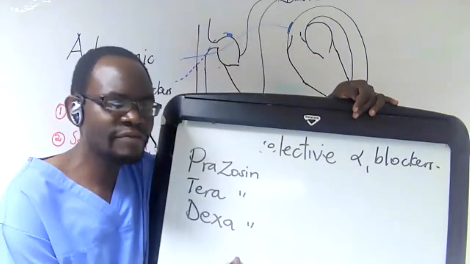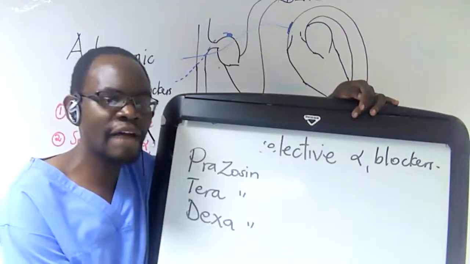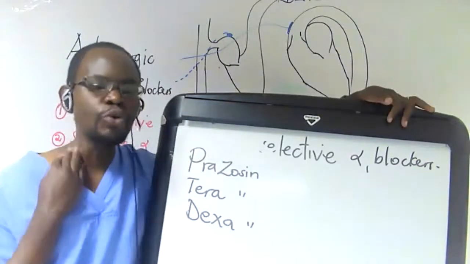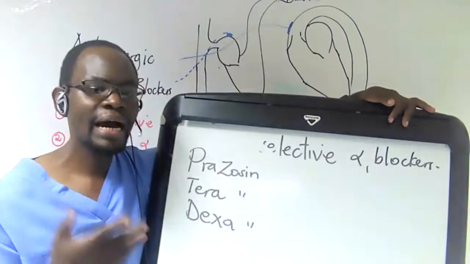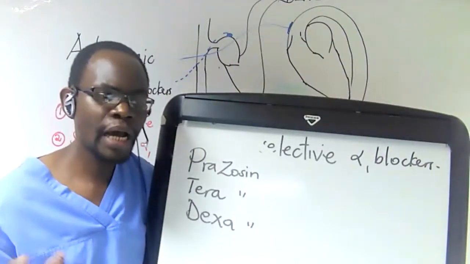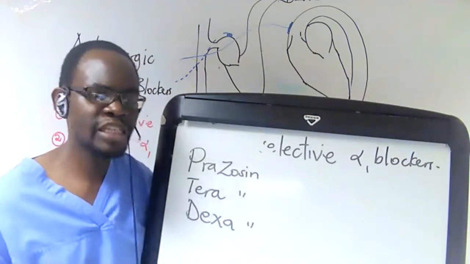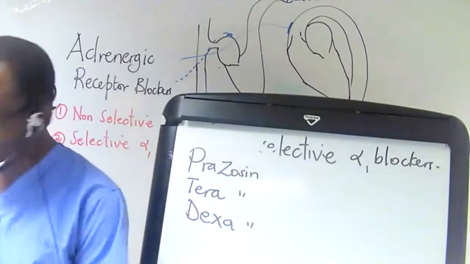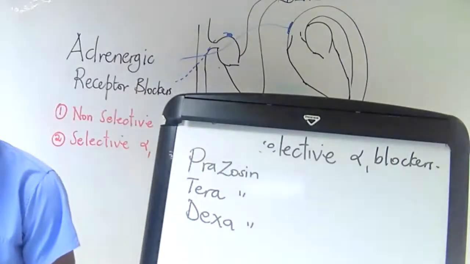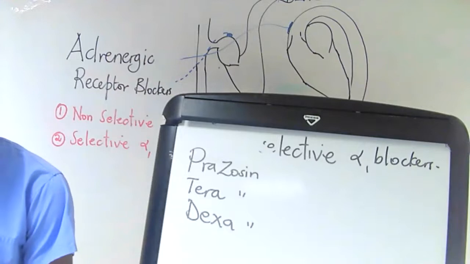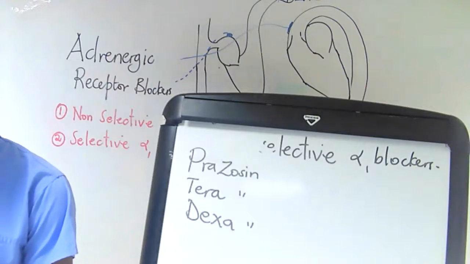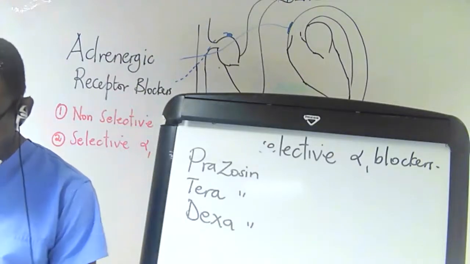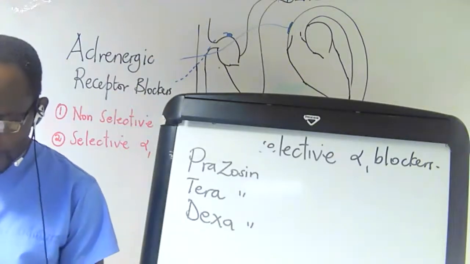The non-selective block alpha 1 and alpha 2, and they are not so much used because of their blocking of alpha 2, a phenomenon that I have just explained. The selective alpha blockers are the ones that are widely used because of their selectivity.